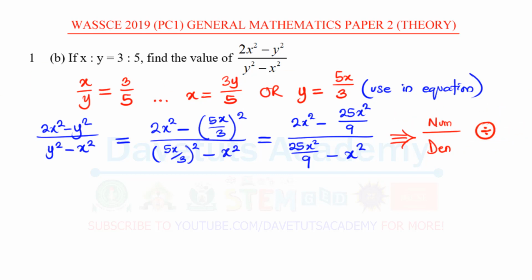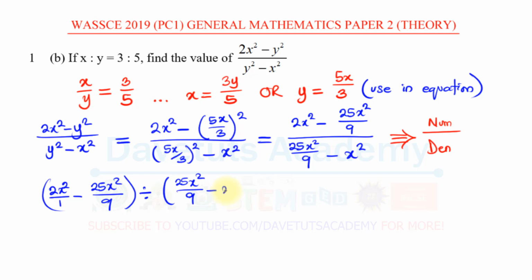So if I'm to rewrite this and put it on a straight line, I'm having 2s squared over 1 minus 25s squared over 9, all divided by 25s squared over 9 minus s squared over 1. I'm doing this so that I can easily find the LCM.